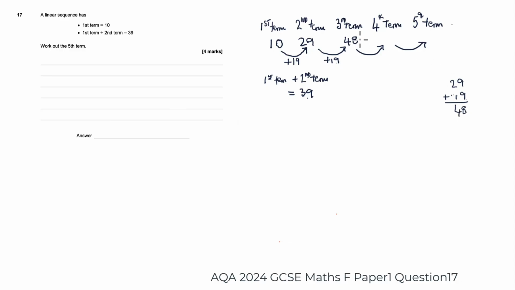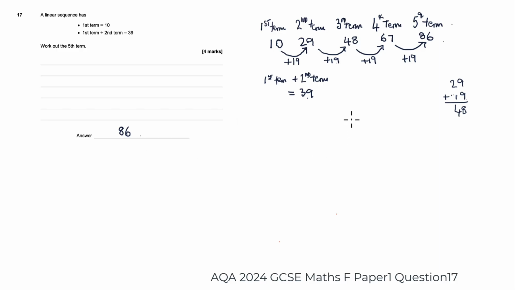So you get your 48. Add another 19. Let's add 20. That's 48 plus 20, 68. And take one away, 67. Let's add 20 and take one away. 67 plus 20, 87. Take one away, 86. So our answer is 86.